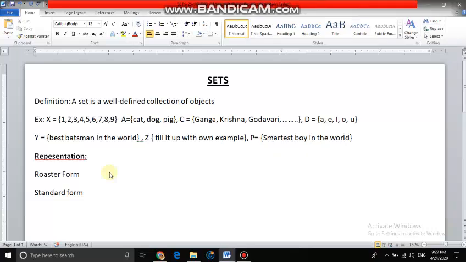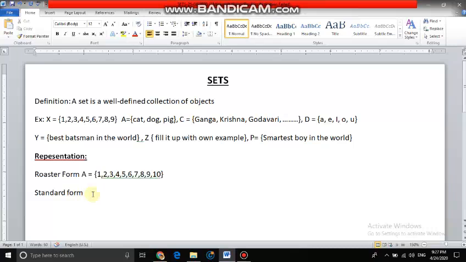Okay. In the roster form, if I want to write the integers from 1 to 10, I'll write it as A equals 1, 2, 3, 4, 5, 6, 7, 8, 9, and 10.